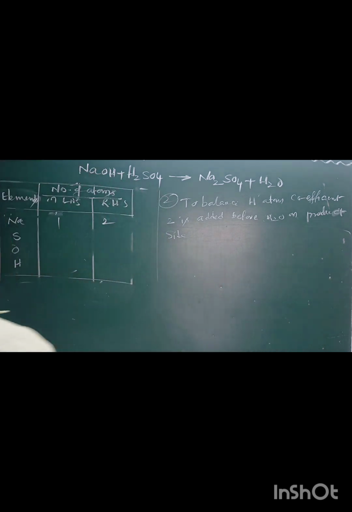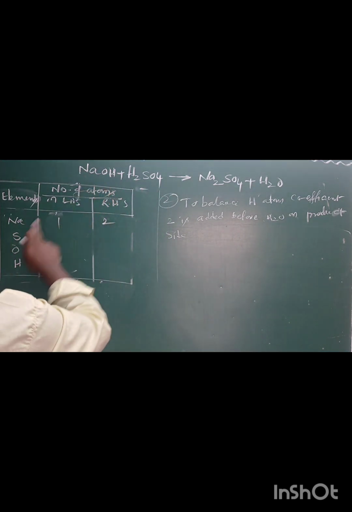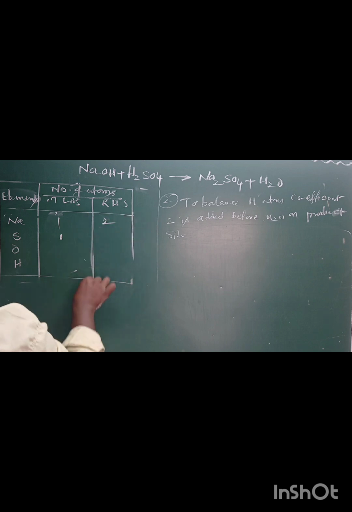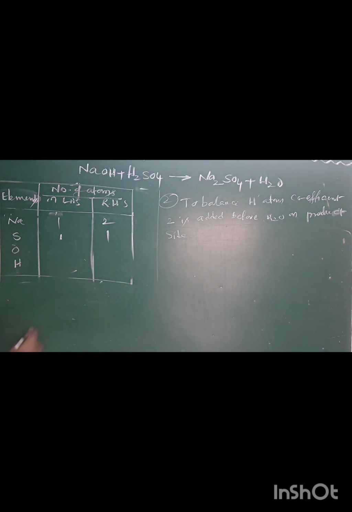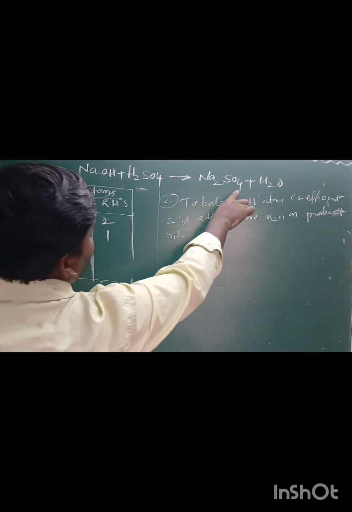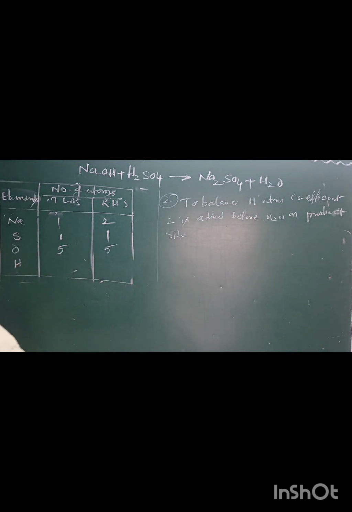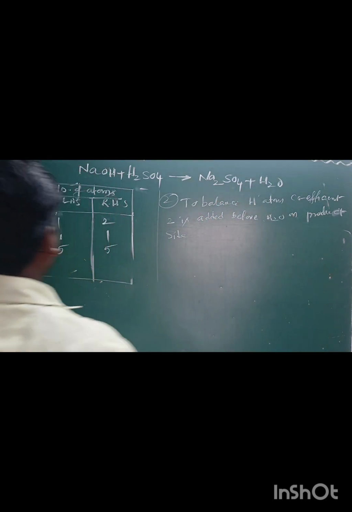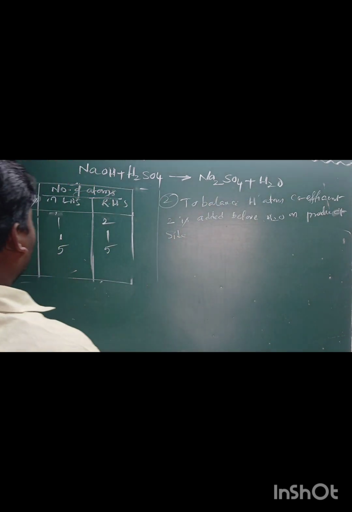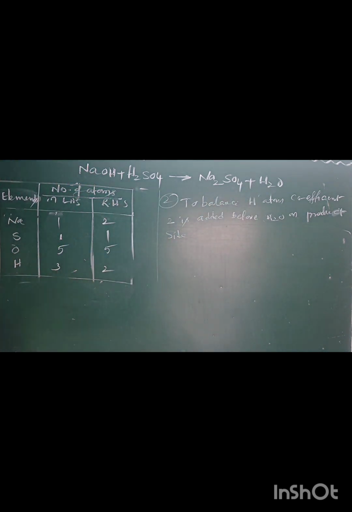Next, sulfur atoms: one, on the product side also one only. Oxygens here one plus 4, 5 is there on the reactant side, product side also 5 is there, 4 plus 1, 5. Hydrogen atoms 3 is there. Here 2 is there. Okay, this is the given information.